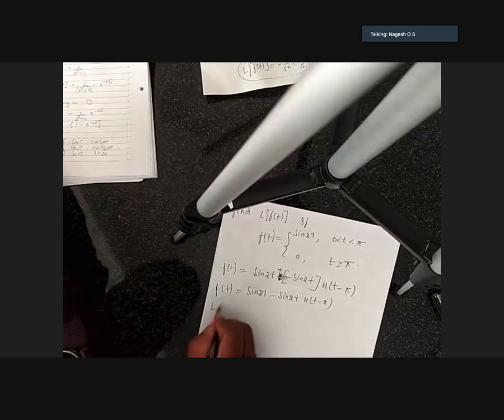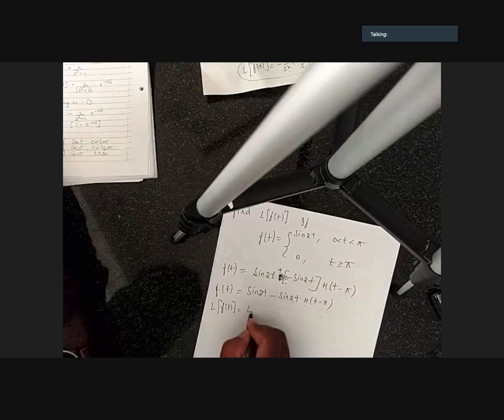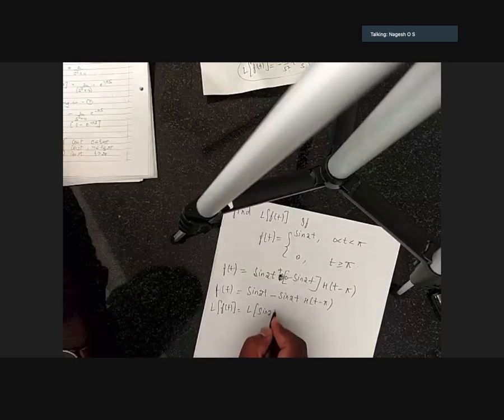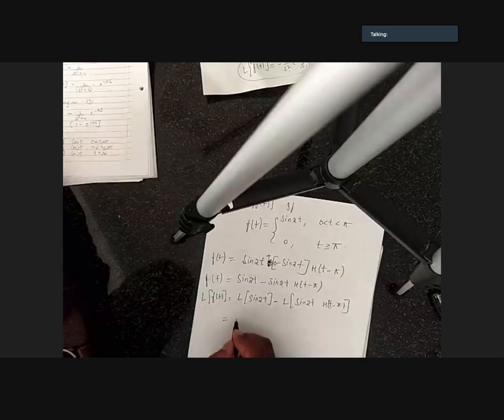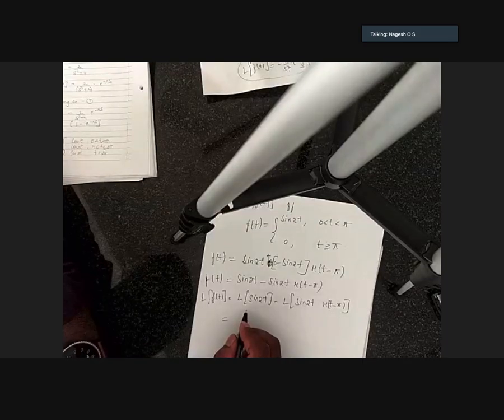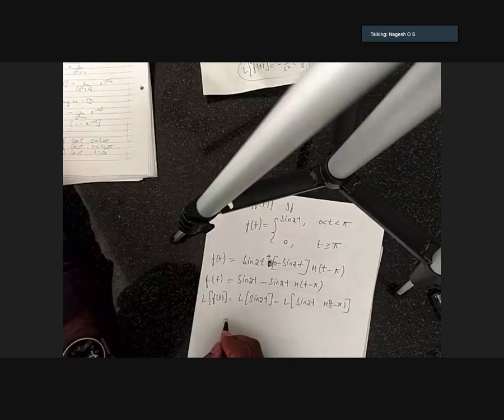We need L of f of t. L of sin 2t minus L of sin 2t h of t minus pi. L of sin 2t, you know the answer: 2 by s square plus 4. That one we will write.